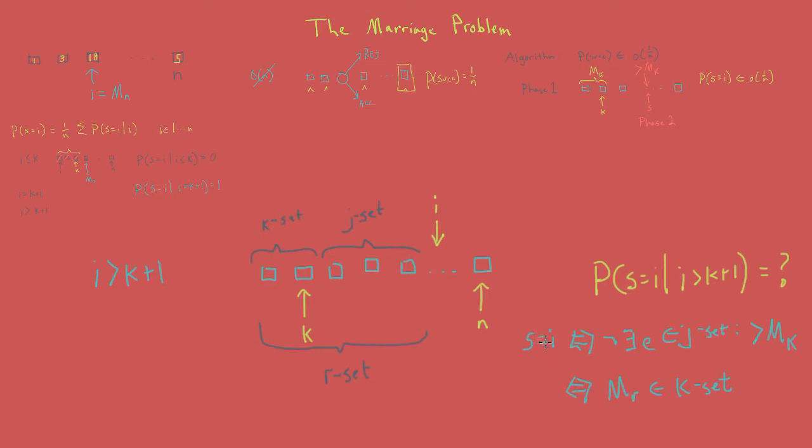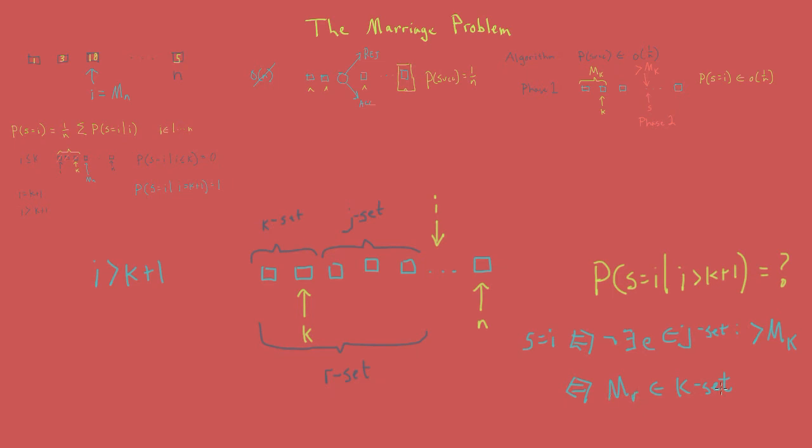So if there is an element in the J set greater than m sub k, then S will not equal I because the algorithm will select that element E. So for S to equal I, it has to be the case that there does not exist an element in the J set whose value is greater than m sub k. So therefore, the greatest value in the R set is contained in the K set. In fact, the greatest value in the R set is identical to m sub k.